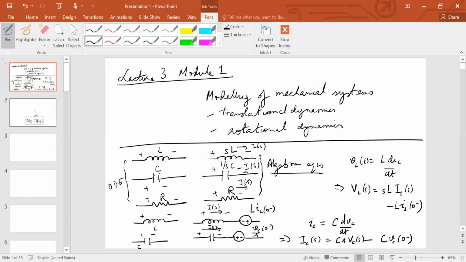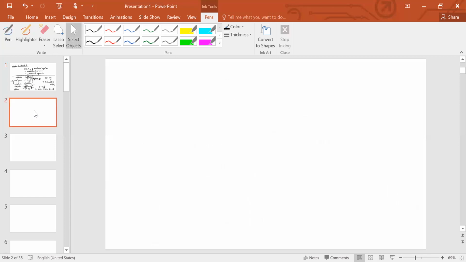Now moving on to the agenda of today's lecture, and specifically this module. Let us look at a typical mechanical system such as this, which comprises a mass on which a force is applied.